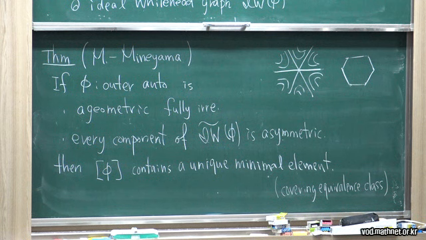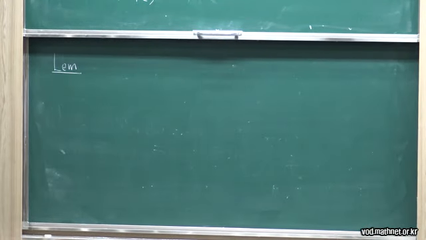And by explaining that, we can also explain how we get a minimal element for mapping class groups. So the first lemma: I always assume this, so let me call it star.